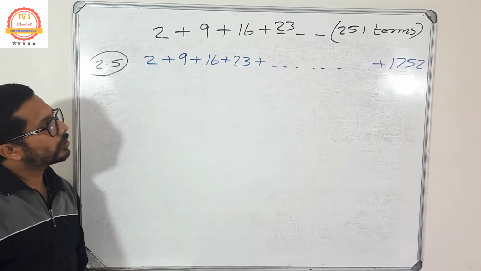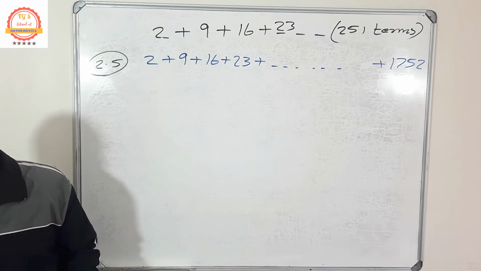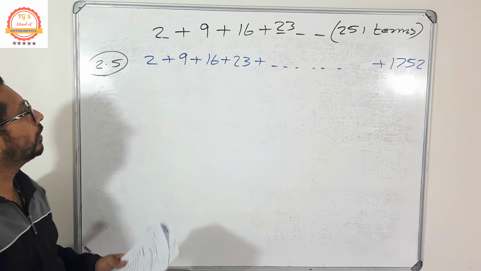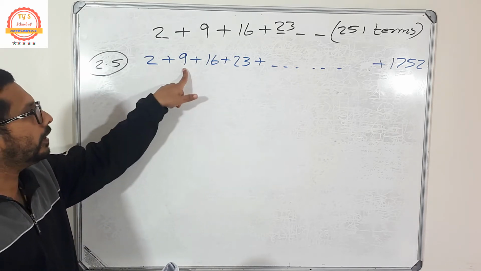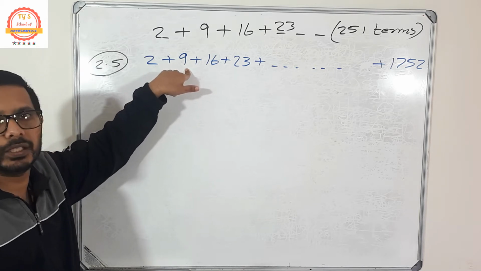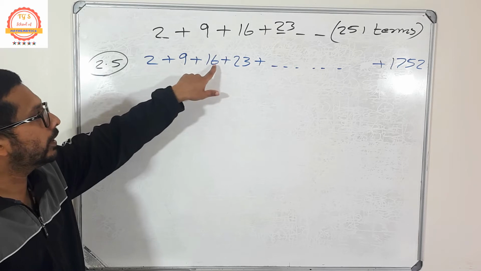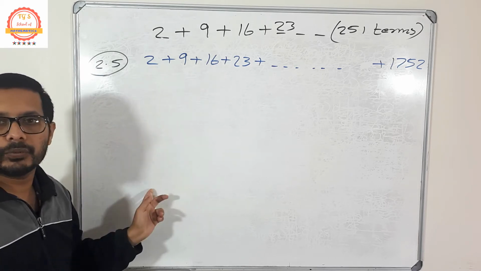From this series, which is the first term divisible by 4? 2 is not divisible by 4. 9 is not divisible by 4, because 4 times 2 is 8, 4 times 3 is 12. Then 16 is divisible by 4, because 16 divided by 4 is 4.